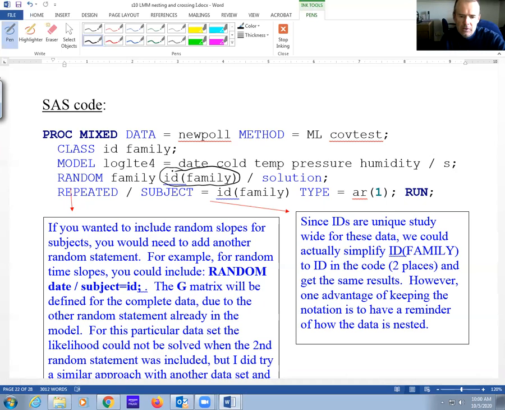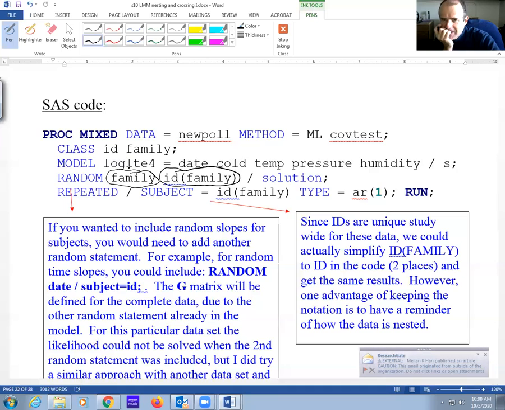And similarly, what about this family? What does that induce a structure on? If you're thinking in the same line of logic here, does that induce a structure between families or something else? Well, what Carrie said was having the ID within family induces a structure on the repeated measures, which is the first level, right?